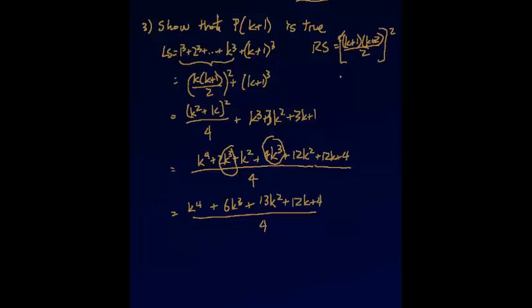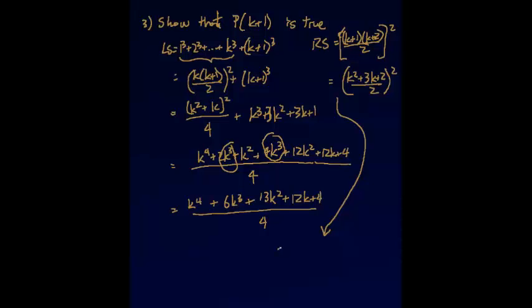Okay, so right side, (k plus 1) times (k plus 2), that's k squared plus 3k plus 2 over 2, squared. The algebra is going to be a bit heavy. Of course, we could write this another time: k squared plus 3k plus 2 over 2 times k squared plus 3k plus 2 over 2, and then expand it like that. But I'm going to take a shortcut. You might find it interesting how I'm going to do this.